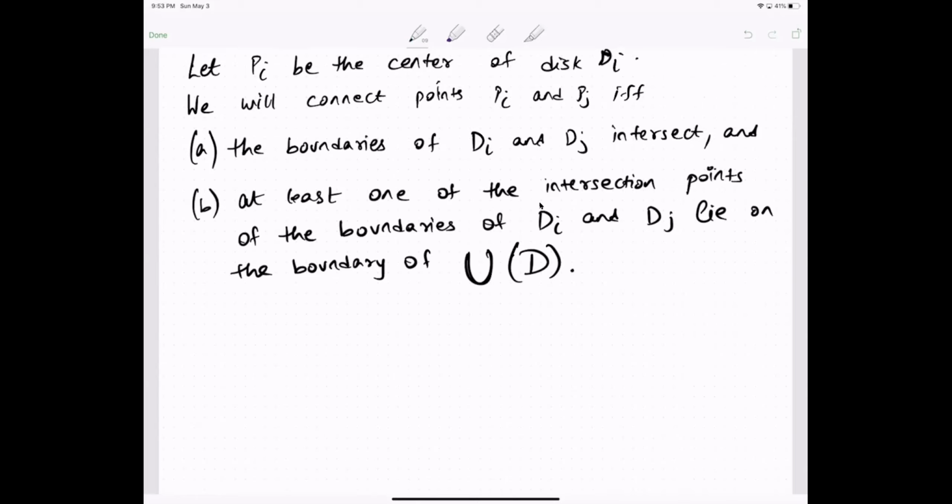That they have to intersect. And if they intersect, they'll intersect at 2 points. At least one of them should be on the boundary of the union. Shouldn't repeat it so many times, but still. Okay, so the claim is, actually this defines a graph, right?